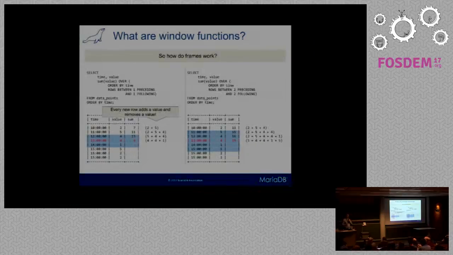You just remove one thing and add another. What we call this is online computation, and it works for almost all window functions that we support. There are a few exceptions, but I'm not going to go into detail on that right now. And this is how the end result would look.